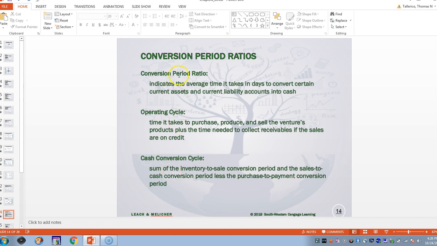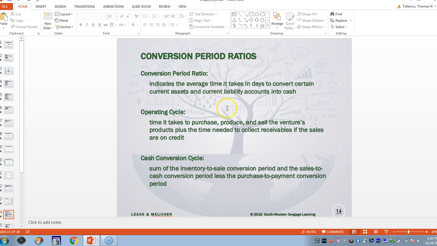So we got to discuss the conversion period ratio, and basically that is the average time it takes in days to convert current assets, such as your accounts receivable, and current liability accounts into cash, waiting for money to come in and paying your money out. So that's the ratios.